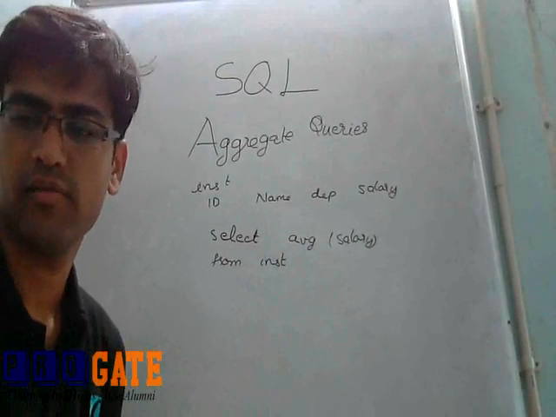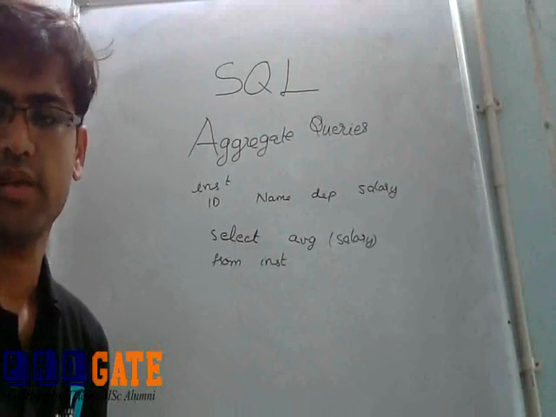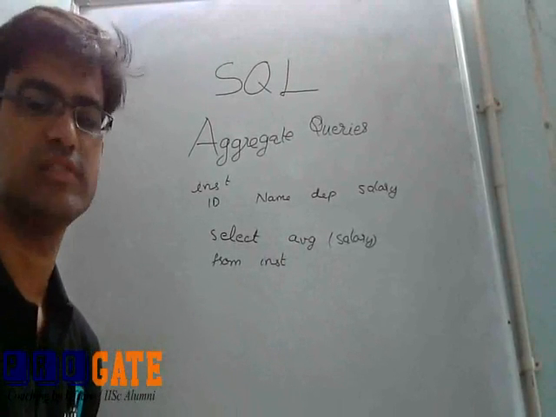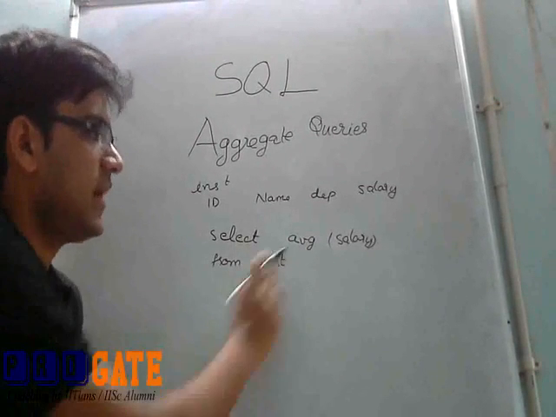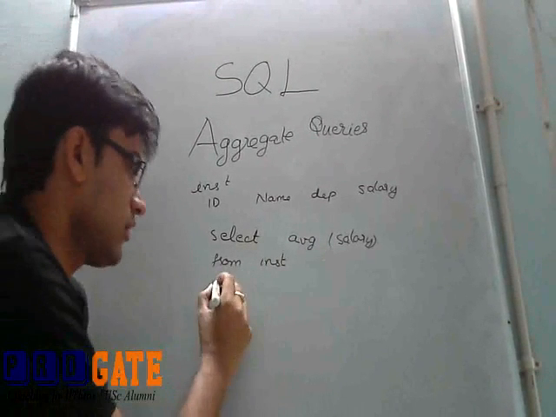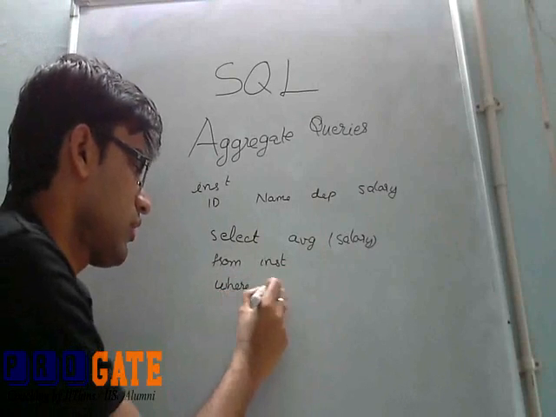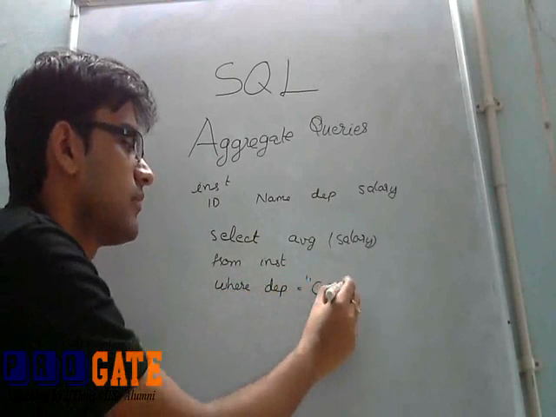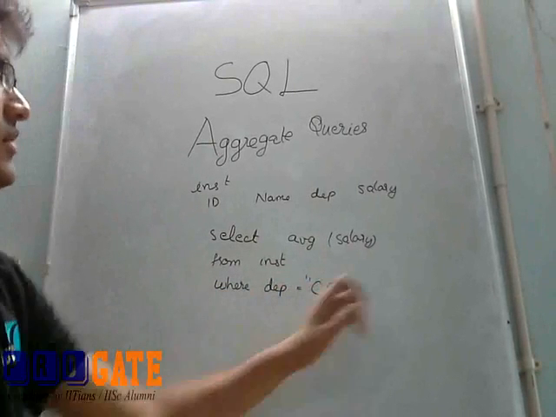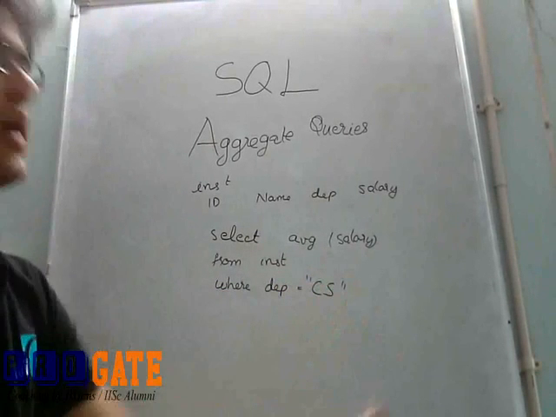Now let us say we want the average salary of only those instructors who are in the CS department. So we'll say select average salary from instructor where department is equal to CS. So this will give us the average salary of the CS department.